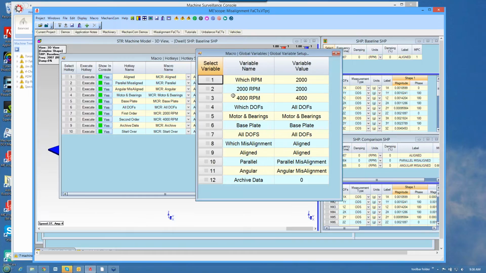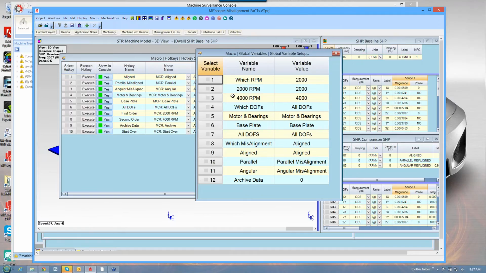2,000 or 4,000? So 2,000 is the running speed, 4,000 is the second order. So it's not really running at 4,000, but we're going to look at the first order and the second order ODS. Which DOFs? Now here in the shape table, we can simply select different DOFs based on whether we're looking at the motor and bearings vibration, or the base plate vibration, or all of the DOFs, all of the accelerometers on the machine.